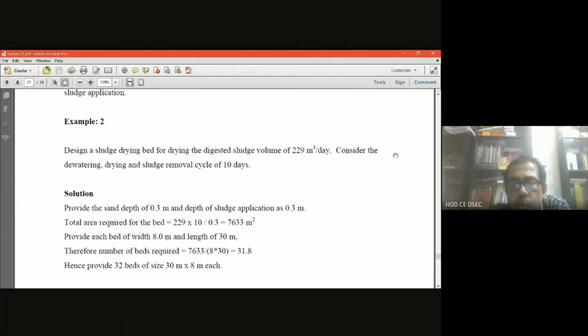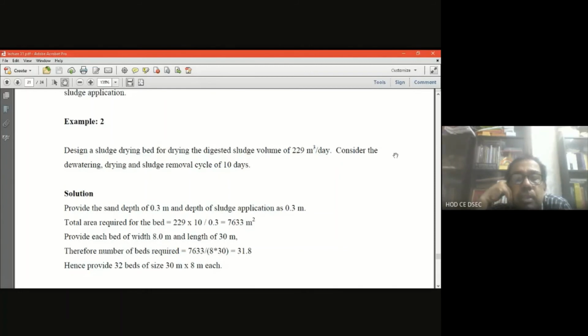That is 229 meter cube per day, and the sludge depth is 0.3. So we divide 229 meter cube per day by 0.3 meter, that is the depth, and we will get the area in meter square.